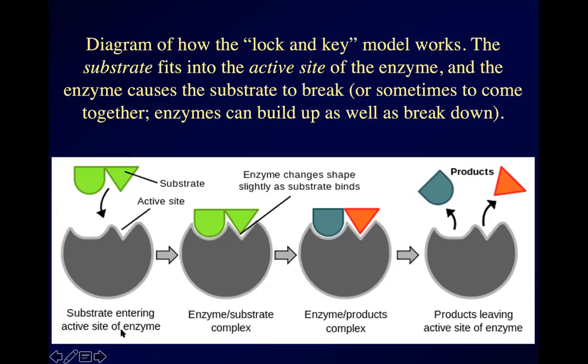And once the substrate is in the active site, the enzyme may encourage the substrate to break, which is what's shown here. And that substrate breaks apart, and then the two broken pieces fall out of the active site of the enzyme and go on their merry way. Alternately, you could have two different substrates fitting into the active site, and the enzyme sticks them together. That could also happen.